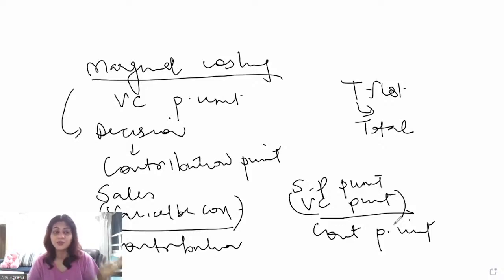Now, all this we could never imagine till now, whatever studies we have done. We've always talked about bifurcating costs. We've always talked about finding out per unit cost. You studied joint costing. There also you were talking about that, okay, this is the joint cost. How do I divide it between units? Process costing, okay, after this process, this is the cost per unit. After this process, this is the cost per unit. So till now, your intention was only to find out per unit cost.